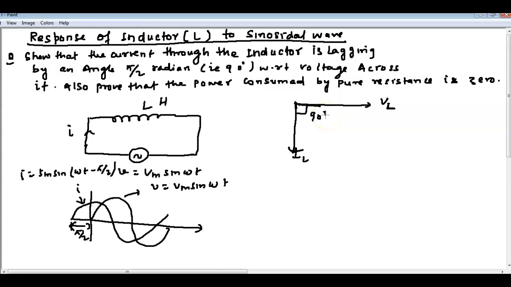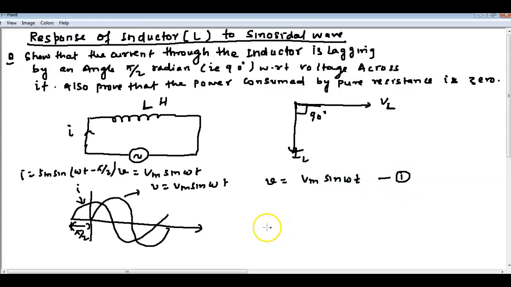We have assumed that the inductor L is connected in the circuit with the power supply V is equal to Vm sine of omega t. So consider the AC circuit with a pure inductor L. V is equal to Vm sine of omega t; this is equation 1.